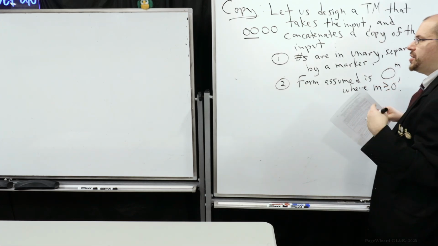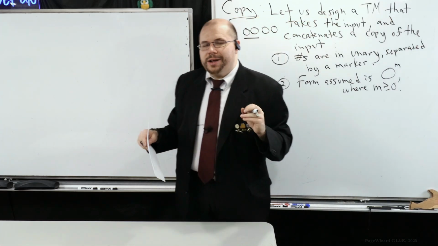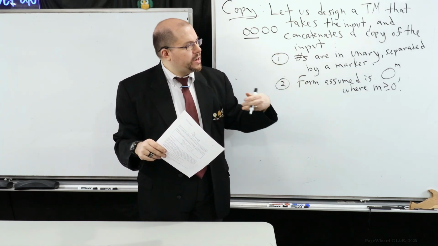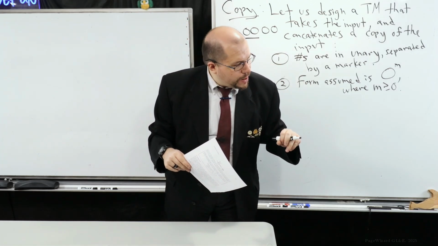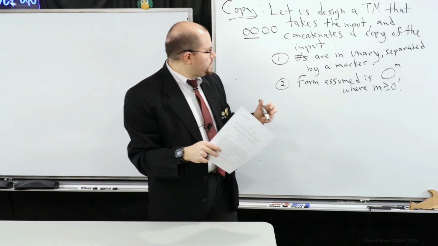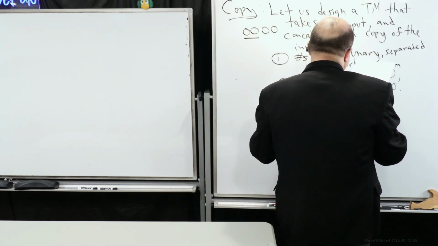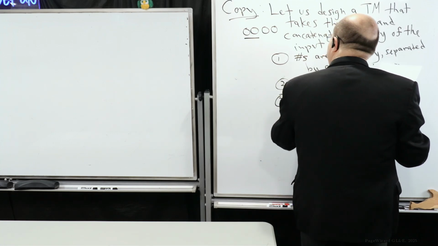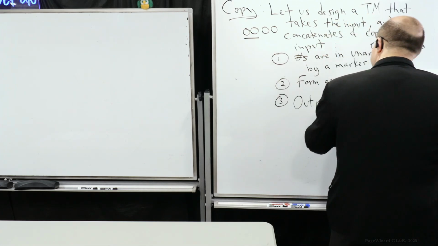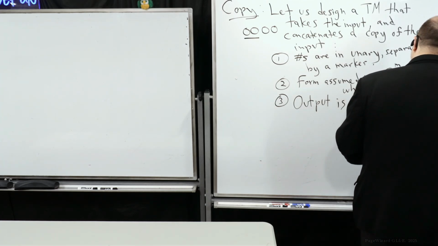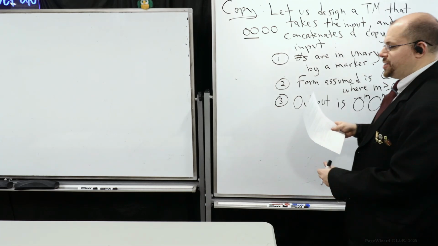That means it's going to be the number 0 in unary. It could be the number 1, 2, 3, 4, 5. It could be any non-negative integer represented in unary. So the way I would describe this, it should be 0 to the m concatenated with 0 to the m. That's what I should look for.